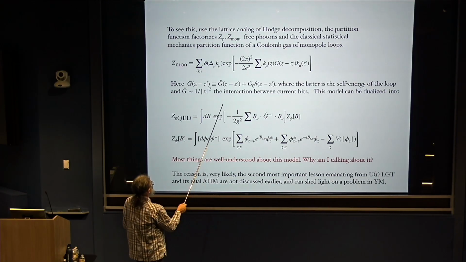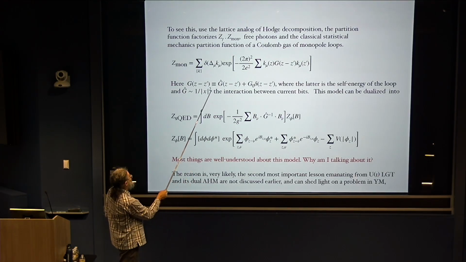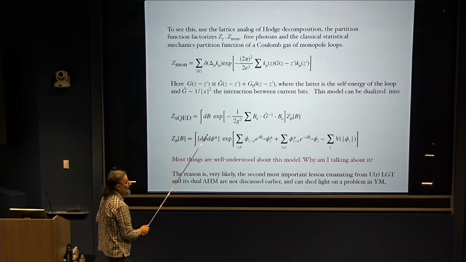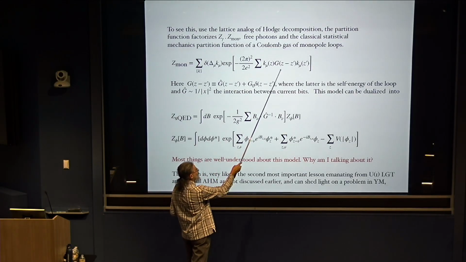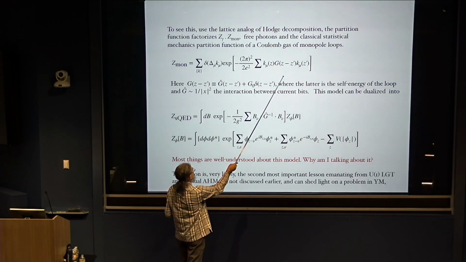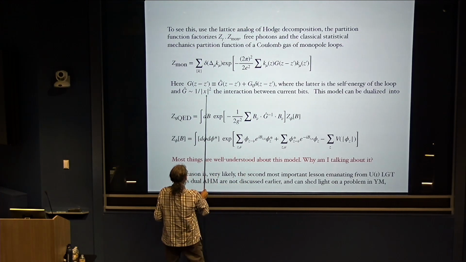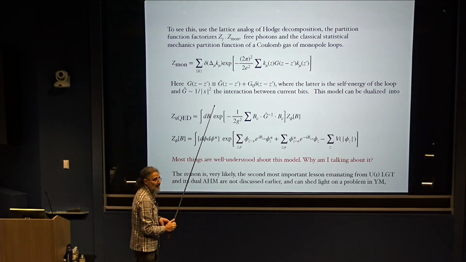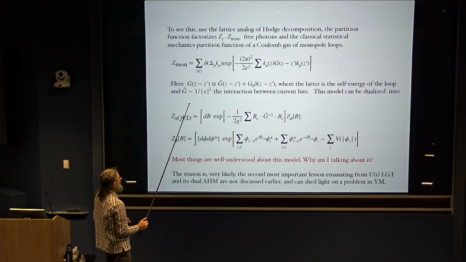It factorizes into a photon part, a dual photon part, and a monopole part. And the monopole part is actually a classical gas of loops, where loop segments interact with each other by this 1 over x squared interaction, as they would in 4 dimensions.